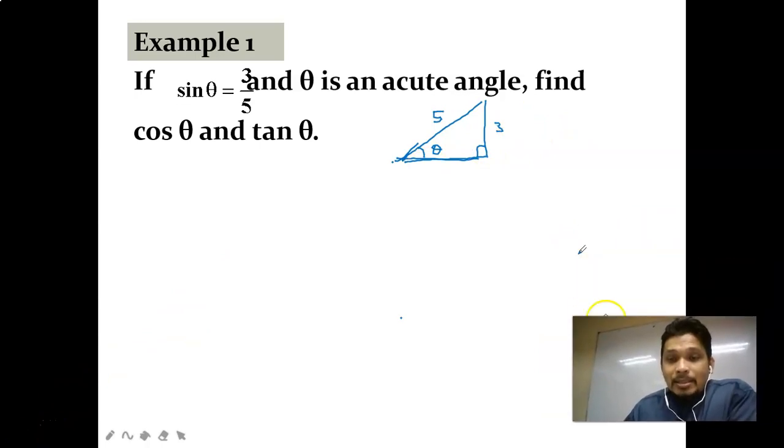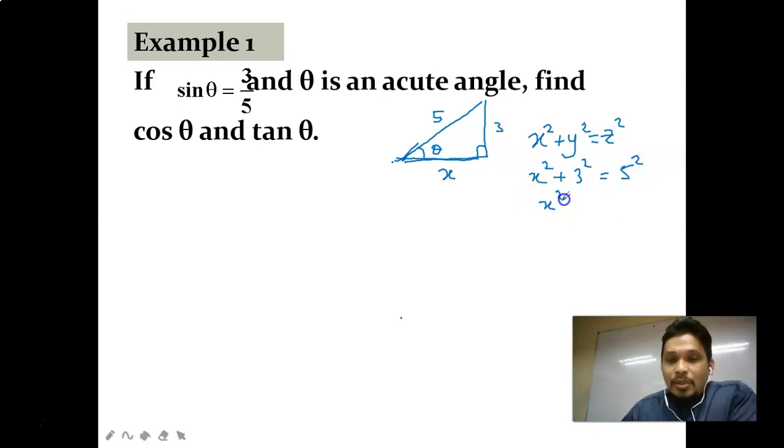Let's say we name this side x. From our previous knowledge, we use the Pythagoras theorem, x squared plus y squared equals z squared. So x squared plus 3 squared equals z, the hypotenuse, which is 5 squared.